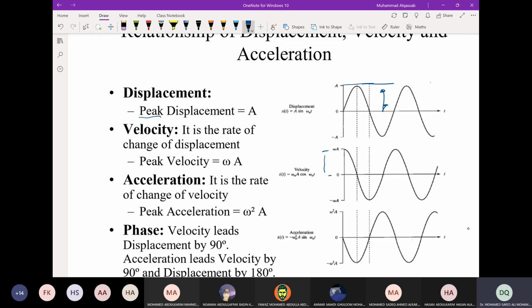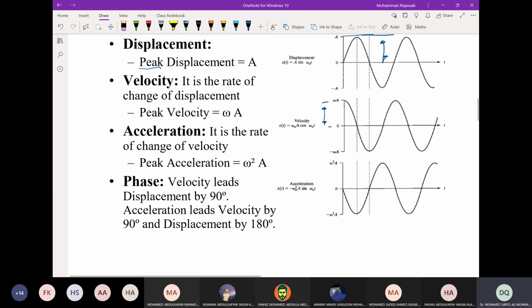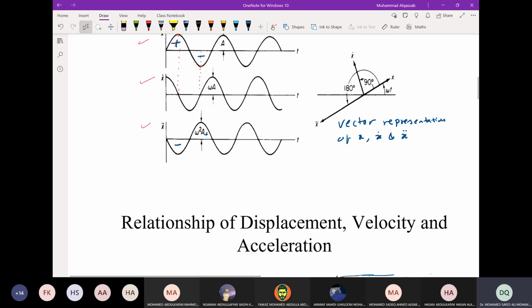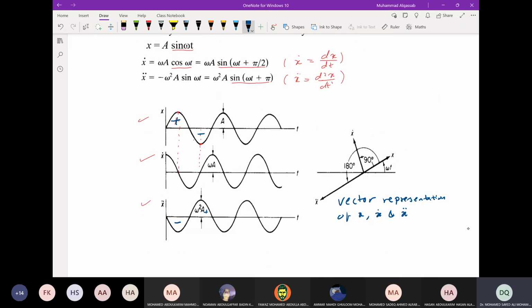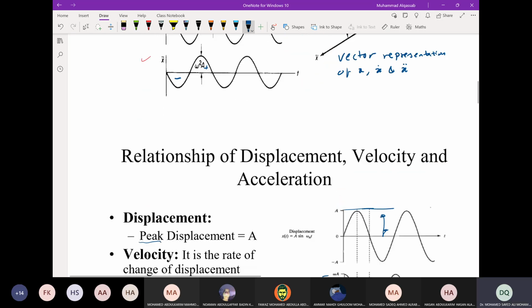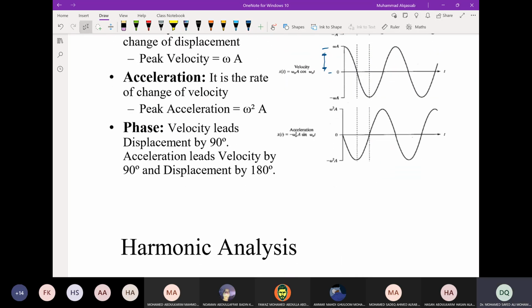It is omega A. And for the acceleration, the peak value, again from the equation of x double dot, we have minus omega square A. So omega square A is the peak acceleration, peak value. So from here to here is omega square A. That is the peak value of the acceleration.